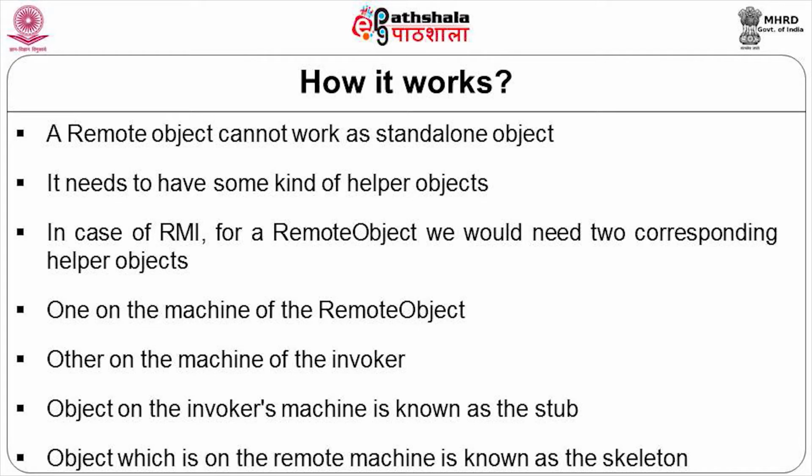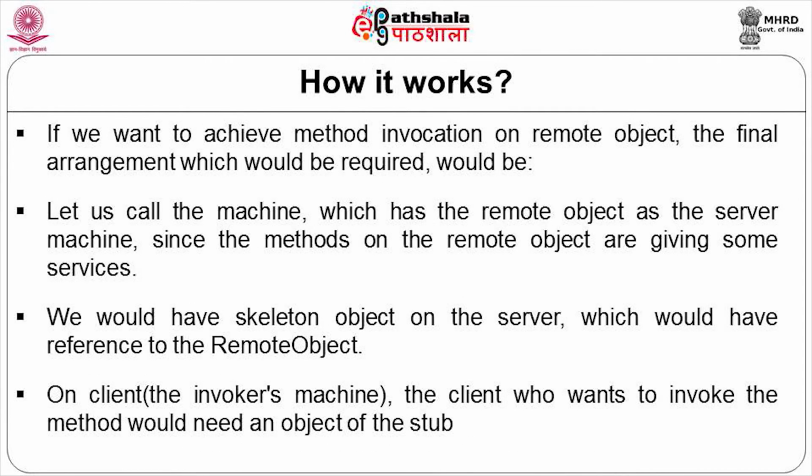The object on the invoker's machine is known as the stub, and the object which is available on the remote machine, that is the machine where we have the remote object, we'll call a skeleton. So a remote object, for it to work, takes help of two other objects which are known as the stub and the skeleton objects. How does it work?